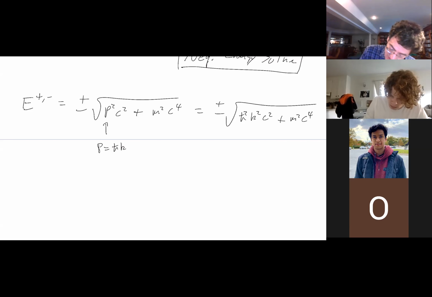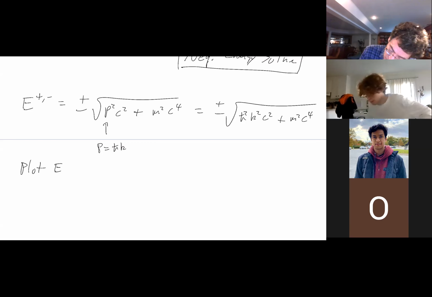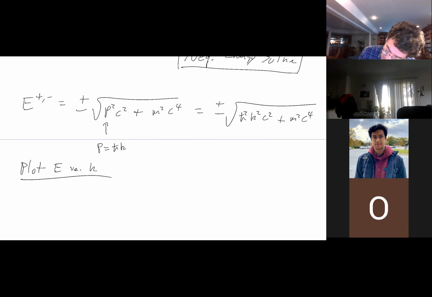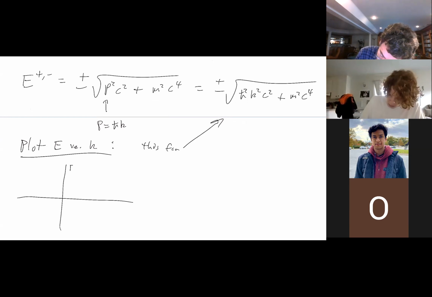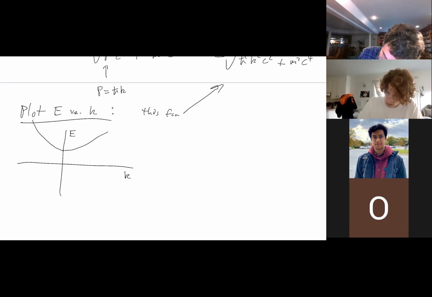Let's plot this. Let's plot E versus k, or just plot this function. When we plot that function, it looks like this: some funky parabolic looking kind of thing.